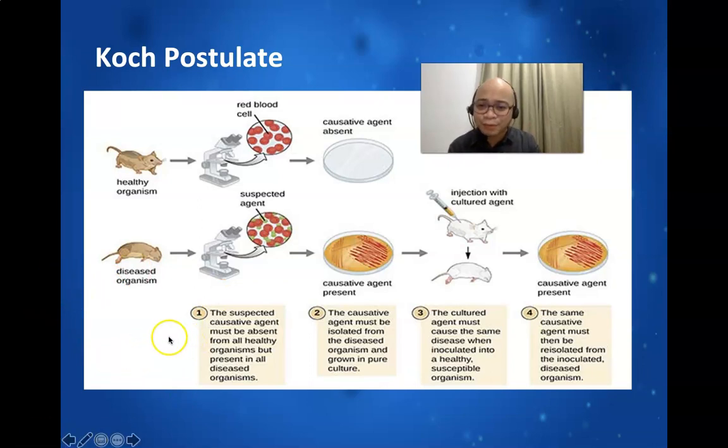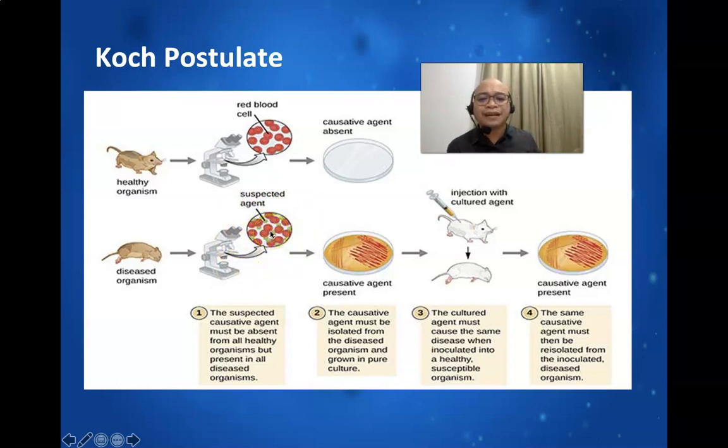So here, in number 1, the suspected causative agent must be absent from all healthy organisms, such as the one that you can see here, but it is present in all diseased organisms. So the diseased rat, if you observe under the microscope, you'll be able to observe organisms are present.